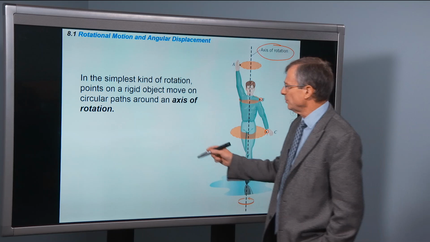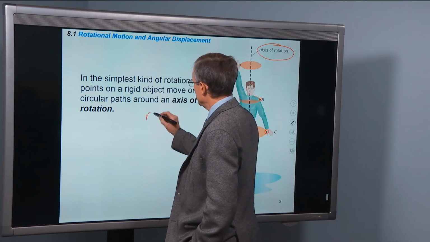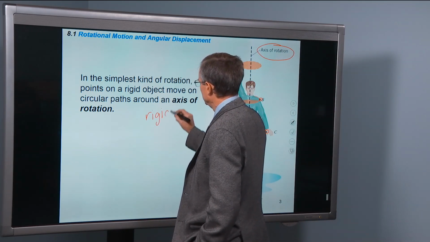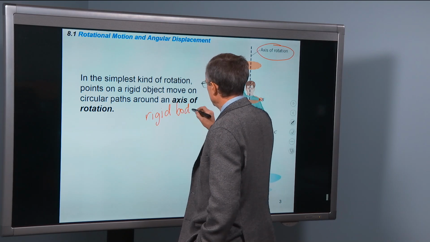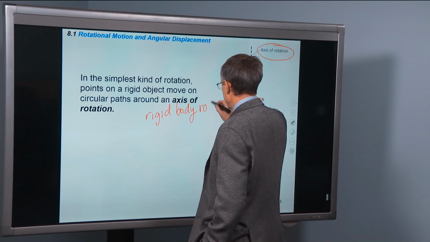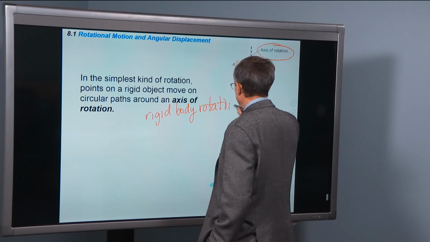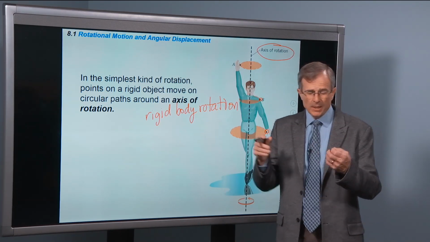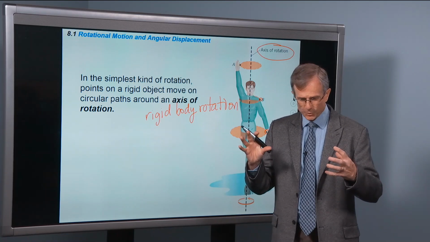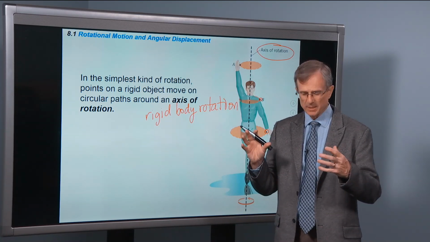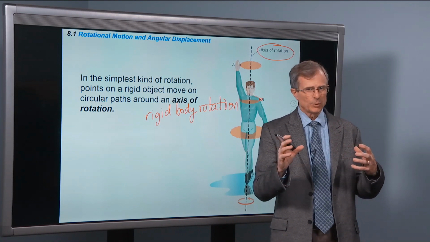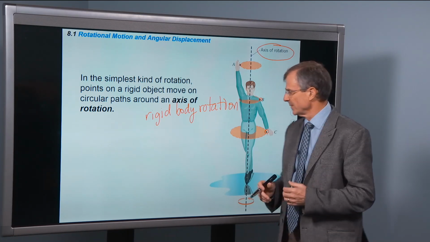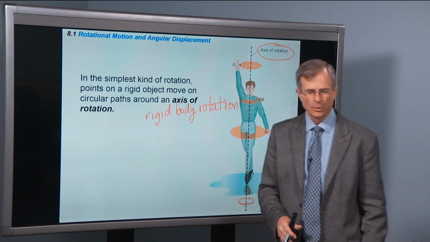We're going to use the word rigid body rotation a lot. A rigid body rotation means that if you're a skater, then you're going to hold your shape as you rotate. All parts of your body are rotating at the same rate, rather than moving around as you rotate.